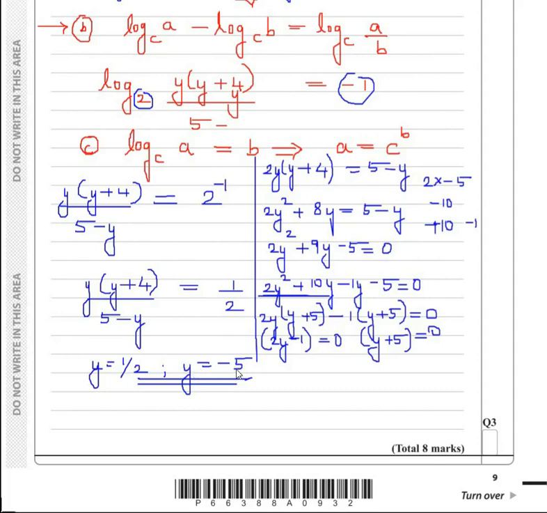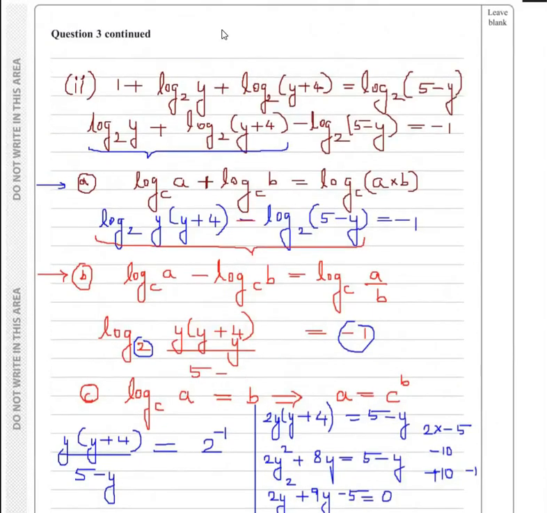If we take y equal to minus 5 and put it in the given equation here, in this case we get log of (minus 5 plus 4) to the base 2. So this becomes log of minus 1 to the base 2. If you put it in your calculator and check, you will get a math error because it is an undefined value, it doesn't exist.